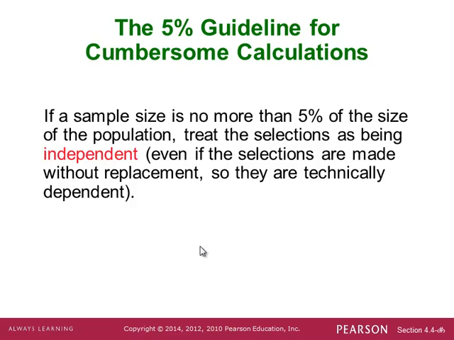Even if you select 1 marble and it's a white, it's still roughly 50-50 white and black in that bag. So there's going to be approximately a 1/2 chance that the second marble is a white or a black one.